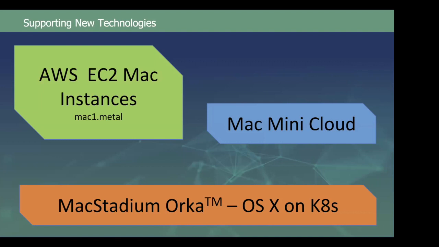There are lots of Mac Mini clouds, which is like AWS for Mac Minis. And also a company called MacStadium has a proprietary solution, Orka, for running OS X as a worker node on Kubernetes. This will change things, where it will bring down costs, and it will help you scale devices, emulators, simulators and browsers at scale.